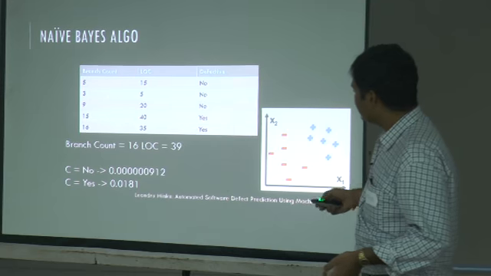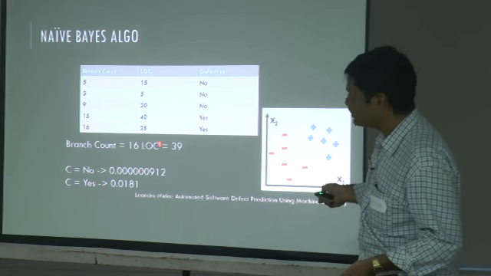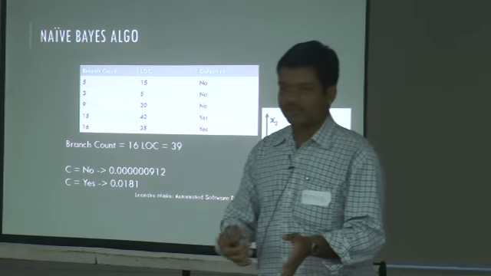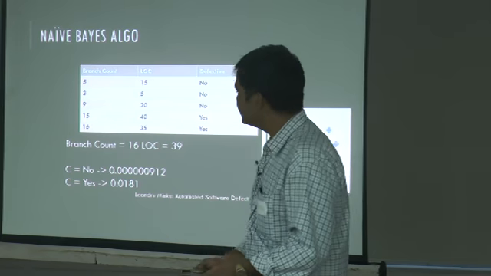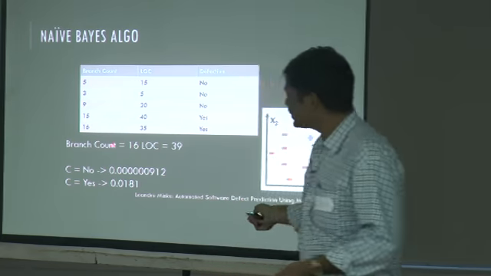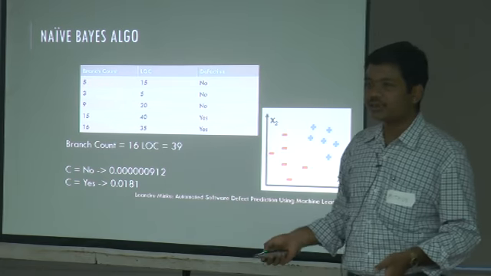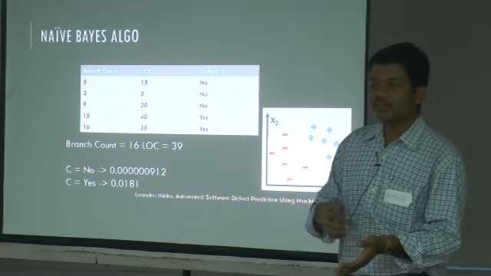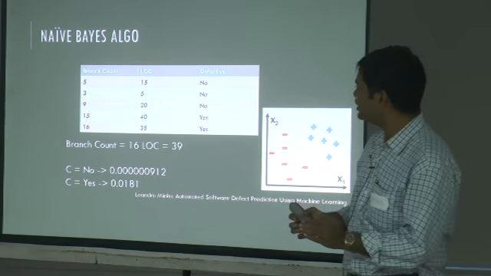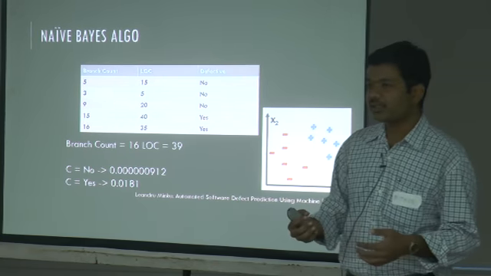Now we have a newer set of data in our problem, saying that my lines of code is 39 and I have 16 as the branch count. Is this going to be a defective product or not?